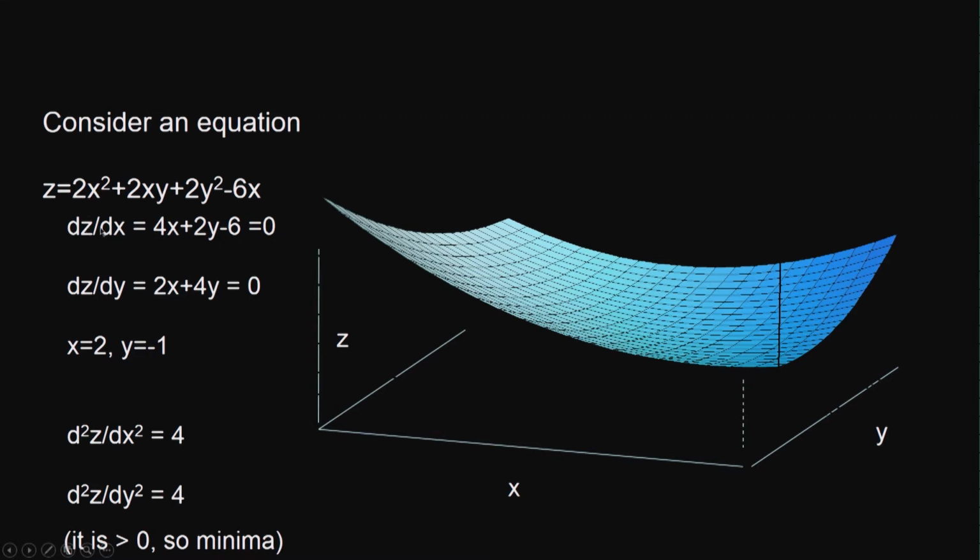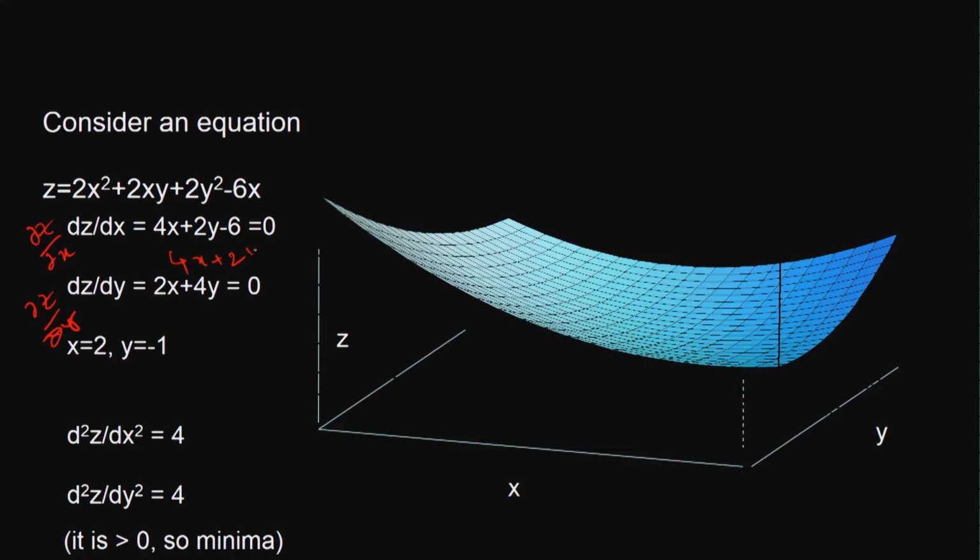So, if you take dz by dx, partial differential, I am differentiating only with respect to x. So, 4x plus 2y minus 6 is equal to 0. Similarly dz by dy, 2x plus 4y is equal to 0. So, I have 2x plus 4y is equal to 0, 4x plus 2y is equal to 6.